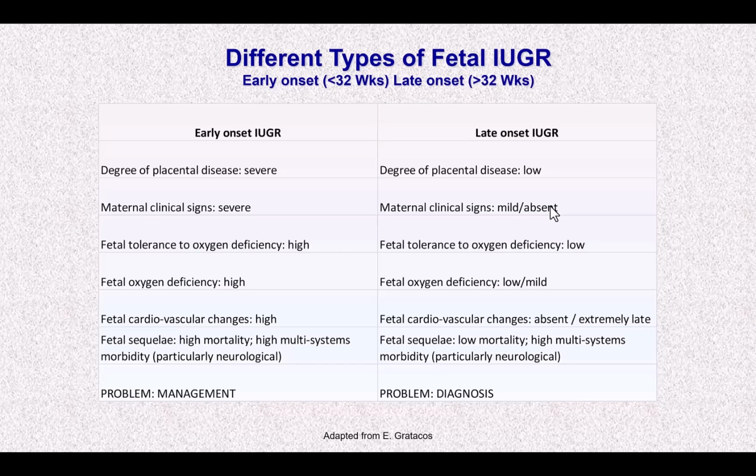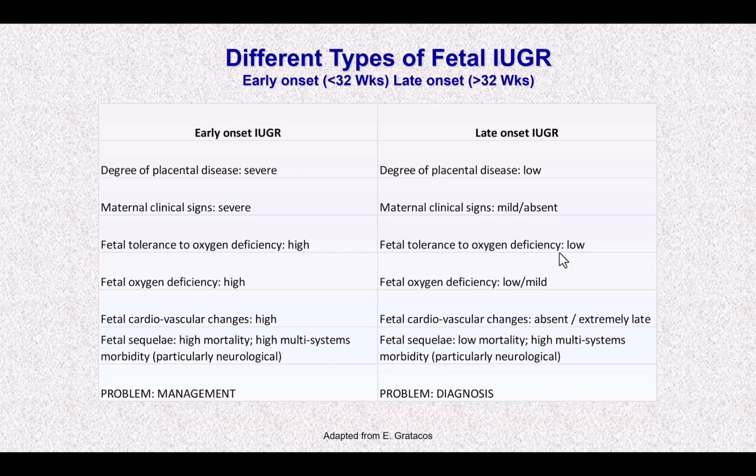Very important, the next line is the fetal tolerance to oxygen deficiency, which is high in early onset compared to the late onset. In late onset this tolerance is low. The meaning is that these fetuses are more fragile.